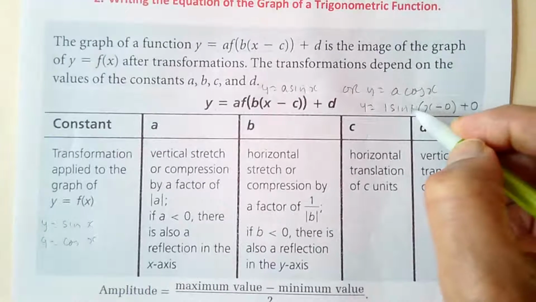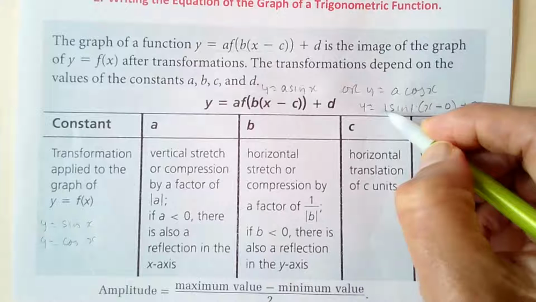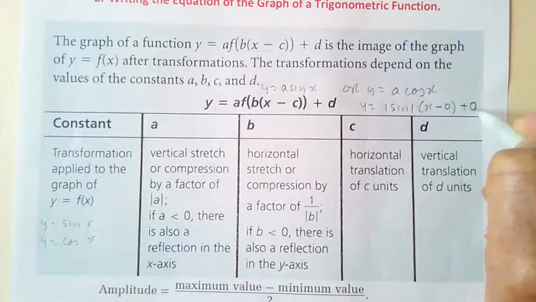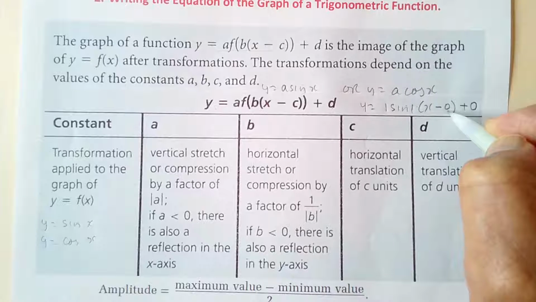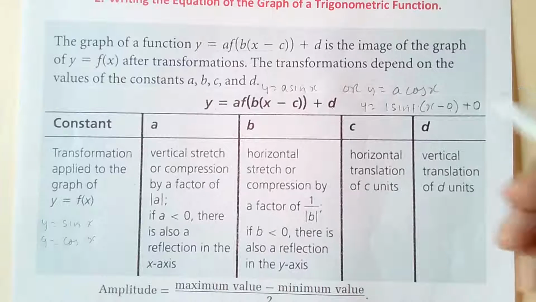In other words, this tells me b is 1 cycle in a complete circle. Here, your amplitude is 1. Your d is your midline, y equals 0 or your x-axis. And there's no shift. The graph begins at the point where x is equal to 0.